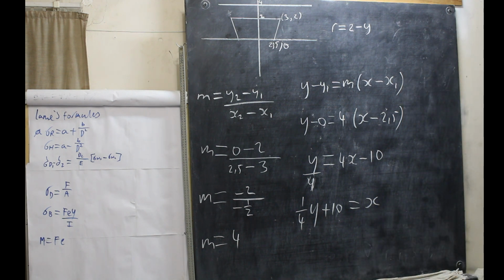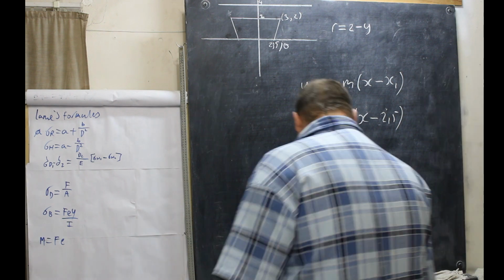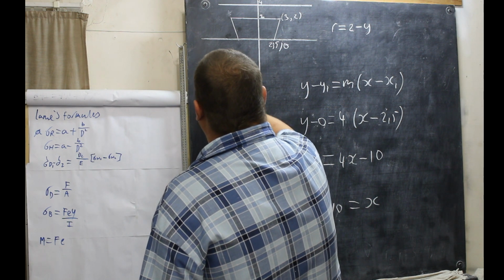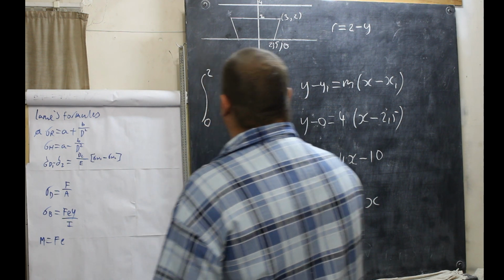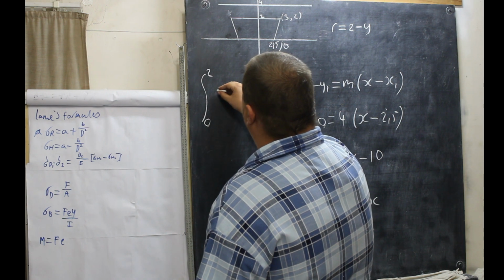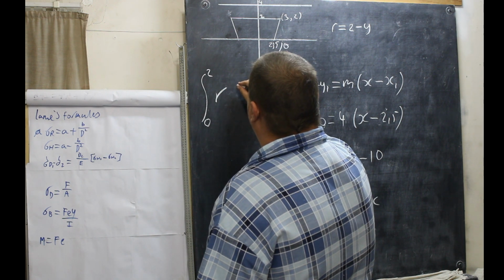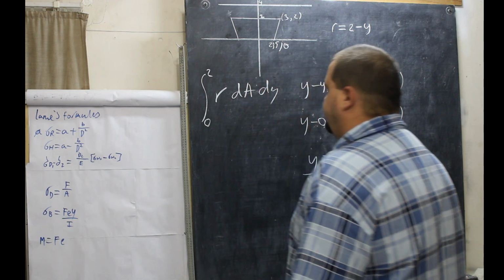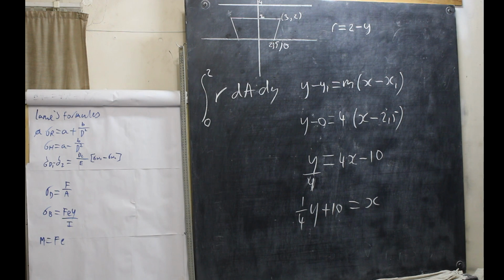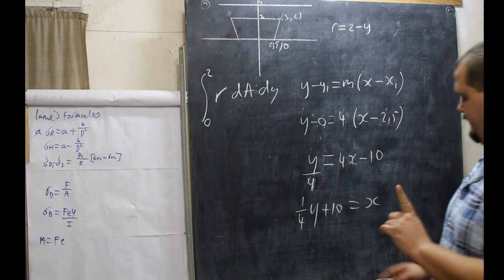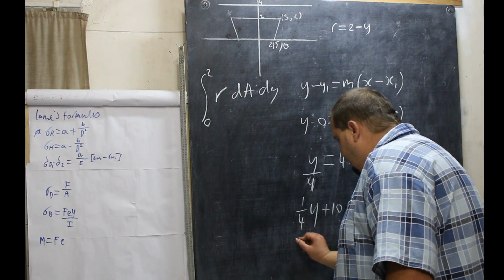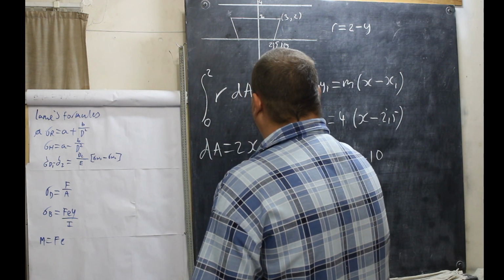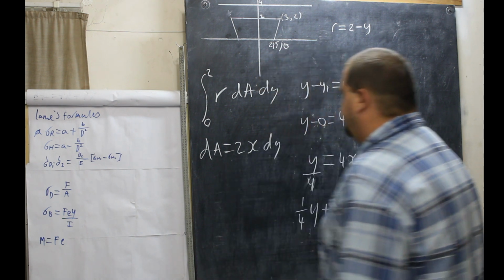That is our formula. So now what we need to do is this. The integral, now this is taking the y coordinates, so 2 and 0, it is r times dA dy. So now to get dA, dA equals 2 times x dy.